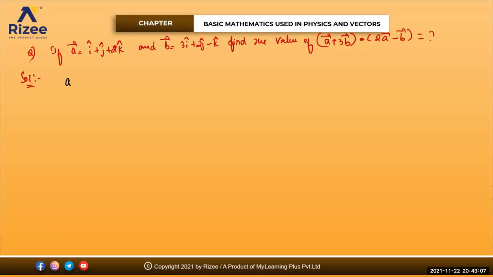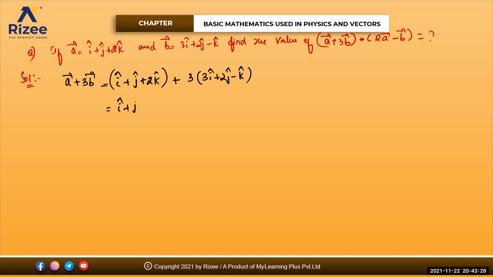See here, a bar plus 3 times b bar. That means a bar value I'm writing first, that is i cap plus j cap plus 2k cap, plus 3 multiplied with b. b is equal to 3i cap plus 2j cap minus k cap. So you just multiply this.